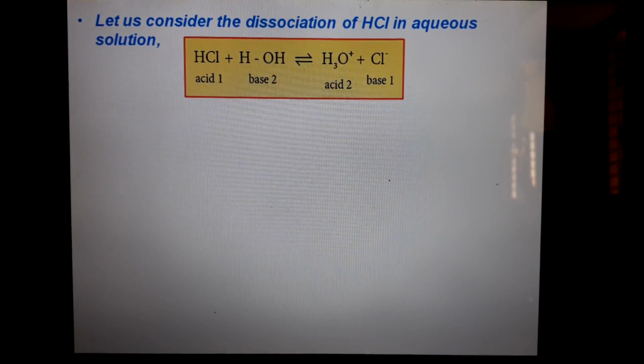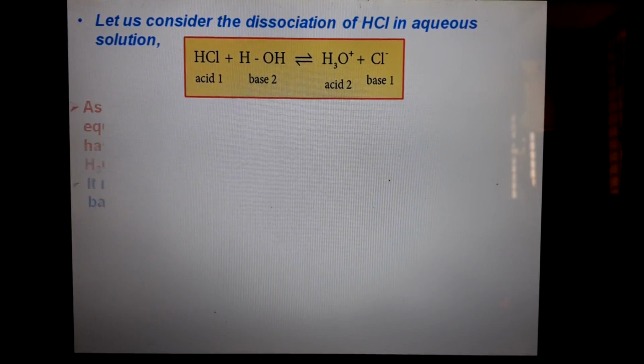In this equation, acid 1 and base 1, HCl and Cl−, are a conjugate acid-base pair, and the water molecule and H3O+ are also a conjugate acid-base pair.